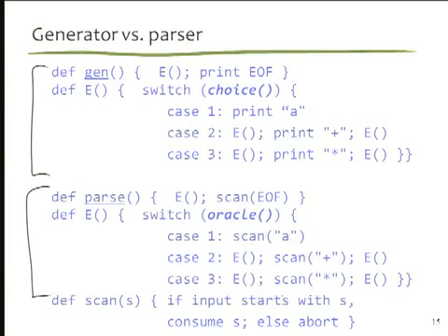If the current input starts with S, then you consume S, else abort, right? If the input is syntactically correct, then there is no way we'll abort, because the oracle is going to give us a sequence of appropriate choices, those that guarantee to make the right production so that you consume every character and at the end you can consume the end of file.